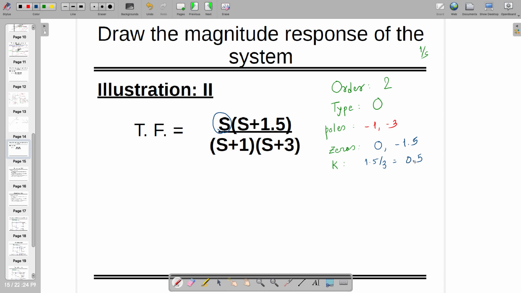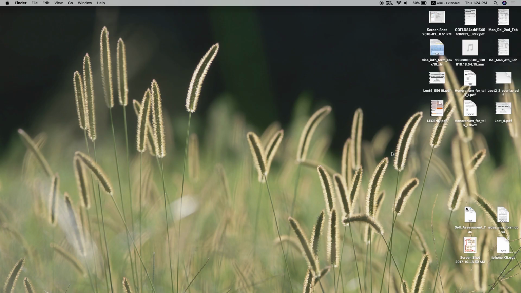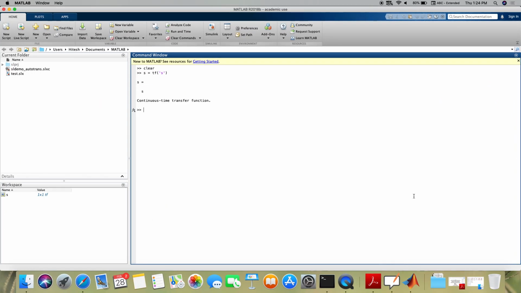Now, can you draw this magnitude plot using semi-log paper? Today I'm not going to draw it here, but meanwhile just look at what I'm doing. There is something called MATLAB. Everybody knows about MATLAB?